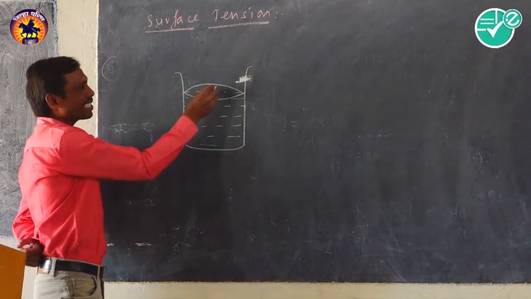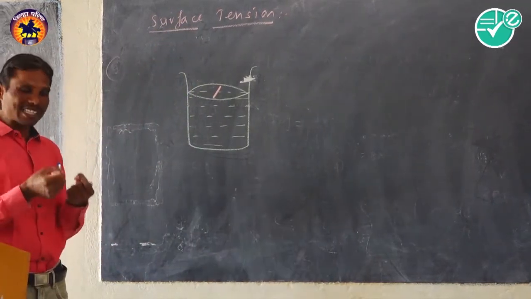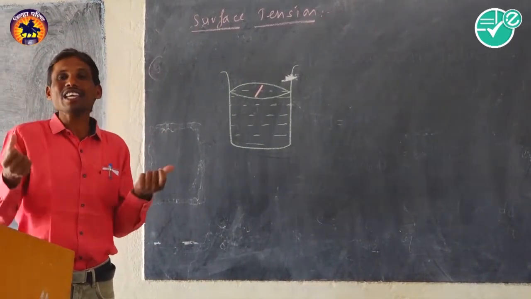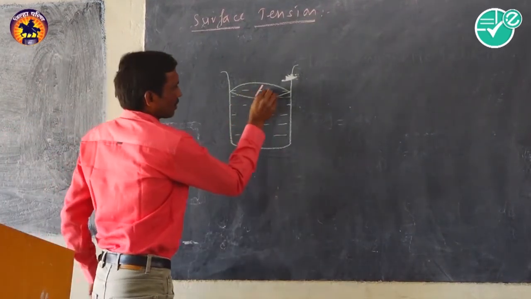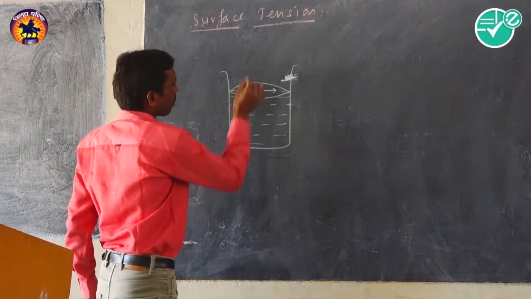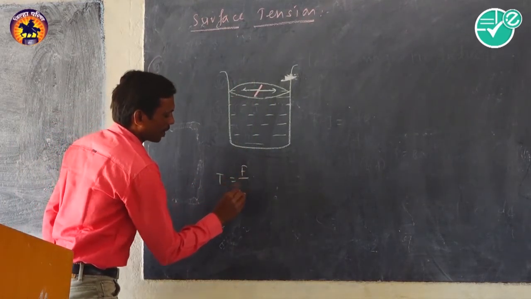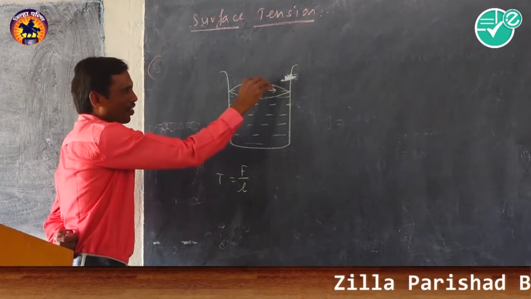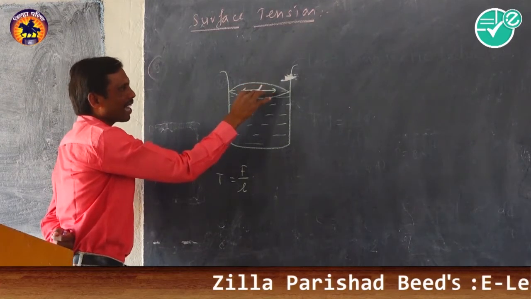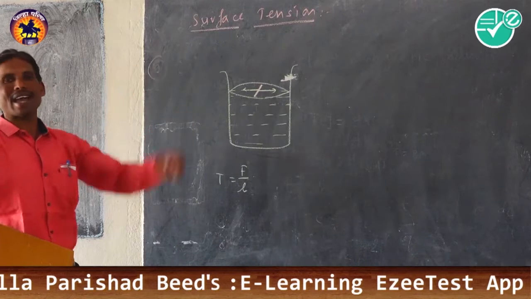Each and every molecule on that imaginary line experiences a stretching force, just like the molecules of the rubber. And such force per unit length acting on this imaginary line drawn on the free surface of the liquid is known as surface tension.